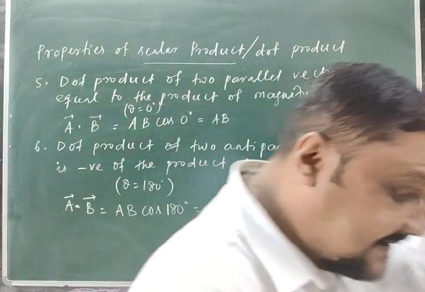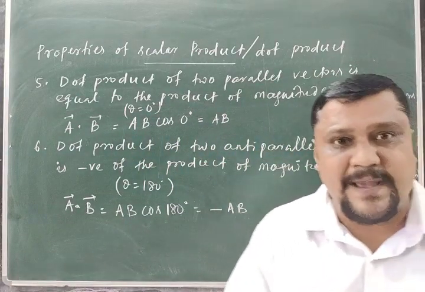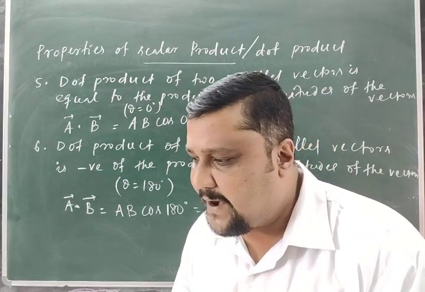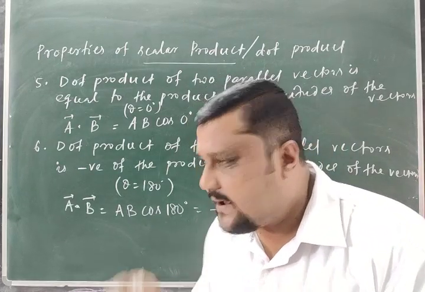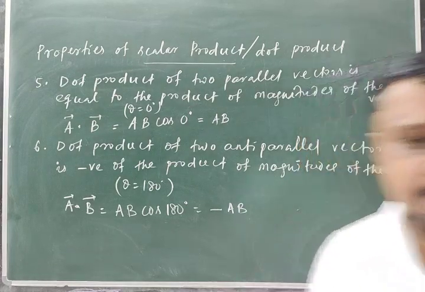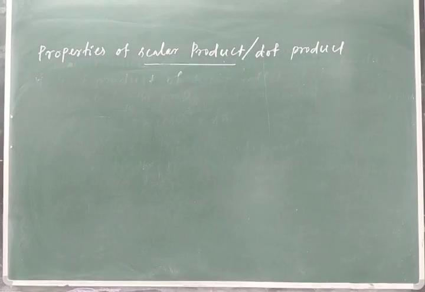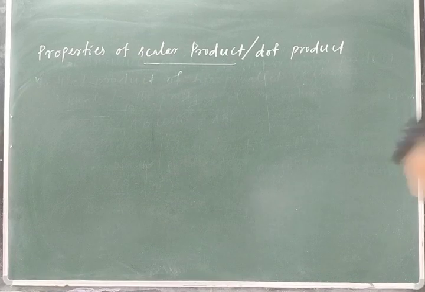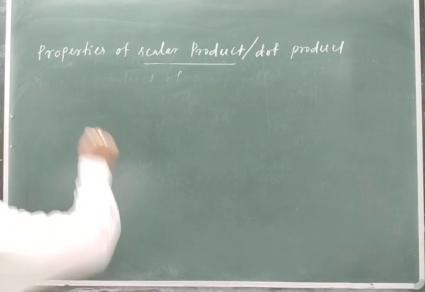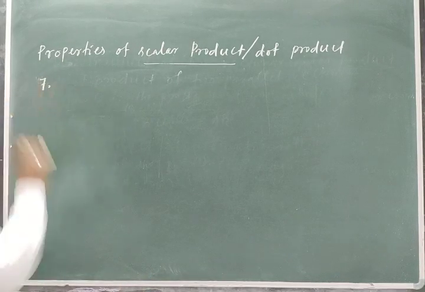Now we go for the multiplication, or the dot product, of two vectors in their component forms. Let me erase this, then I will go for the component form. And this is very interesting. Now this is, I think, property number 7. So let me write this as the 7th one.